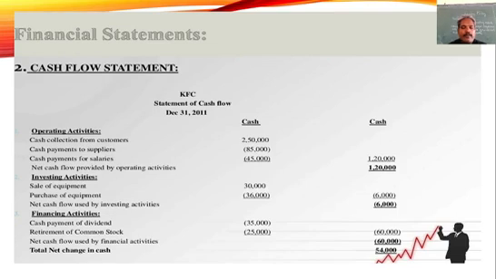These come under the category of payments. So we will get the net cash flow used for financial activities. Overall, after adjusting these three categories, we will get the total net change in cash.